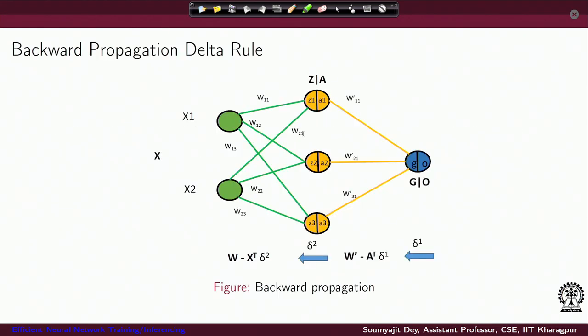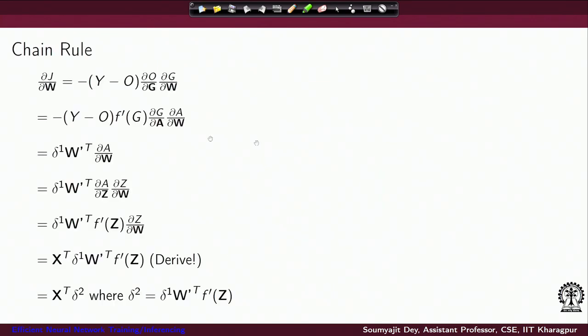If we remember, we have already discussed how we do the forward pass and how the derivatives are related, how to compute the derivative of the loss function with respect to the weight matrices W and W prime, and how those are really used to figure out this value of the derivative. In the second stage it is this x transpose delta 2, where I can also have the delta 2 expressed as the value of delta 1, then W prime transpose, and then the activation function's gradient at those values, right.